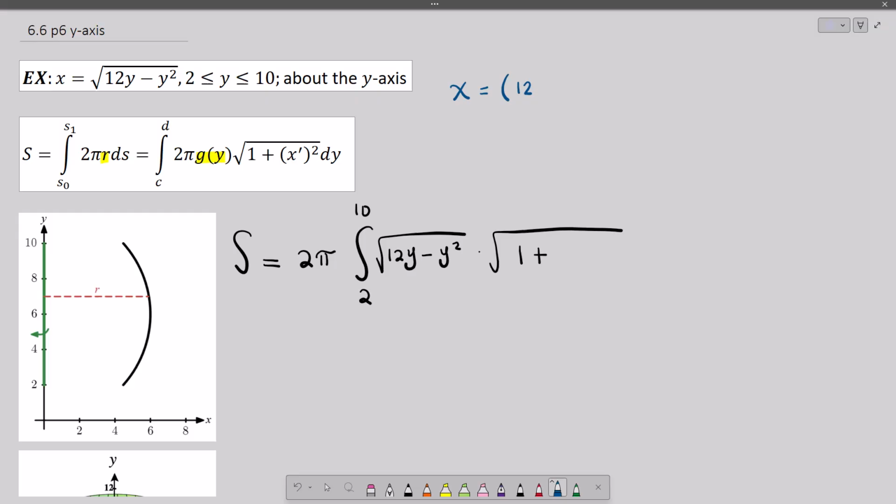And maybe I'll write it with the 1/2 exponent just because we know that it's easier to differentiate when you have it written that way. So x prime, we bring the half down. The base stays the same. We subtract 1. And then we multiply by the derivative of the base. So that's the chain rule.